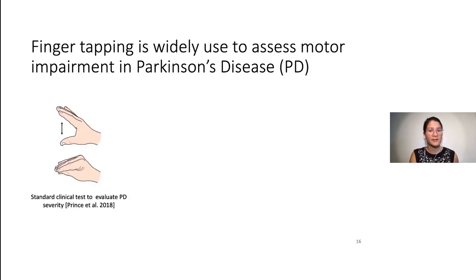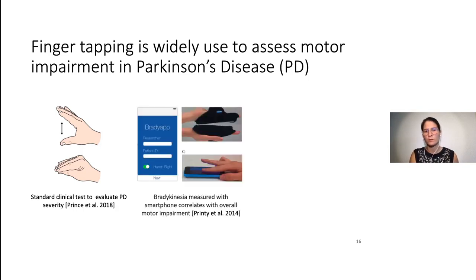Finger tapping is widely used to assess motor impairment in Parkinson's disease. In fact, tapping the index with the thumb is a standard clinical test to evaluate Parkinson's disease severity. A study has shown that bradykinesia measured with a smartphone correlates with overall motor impairment in Parkinson's disease.